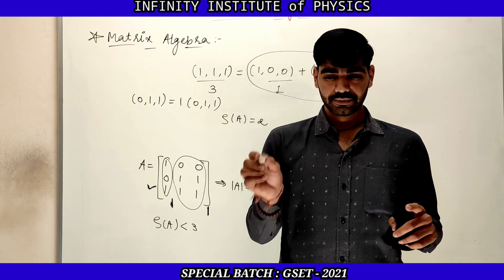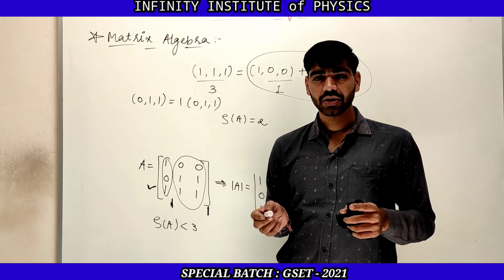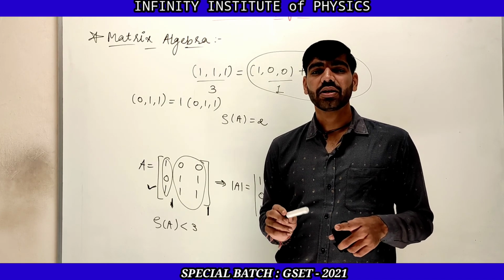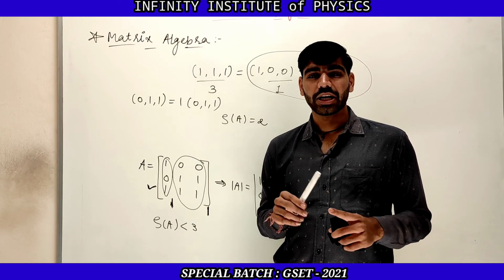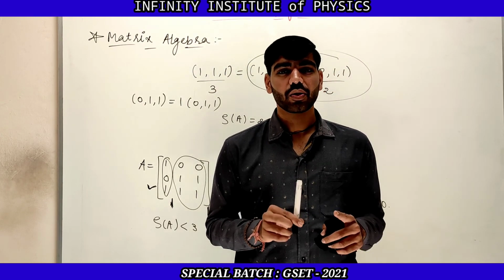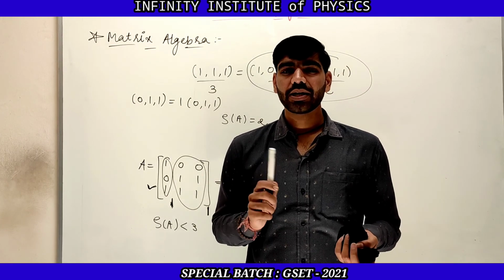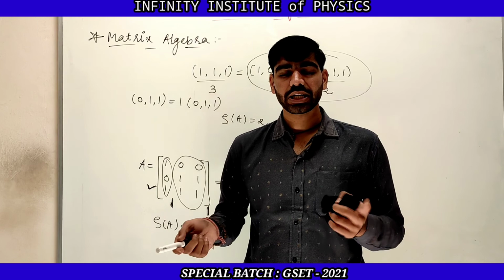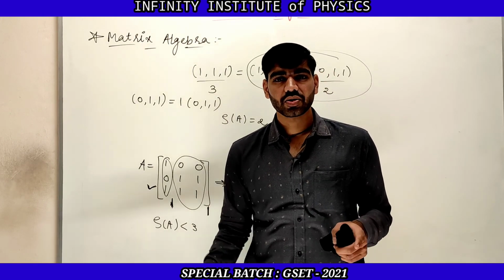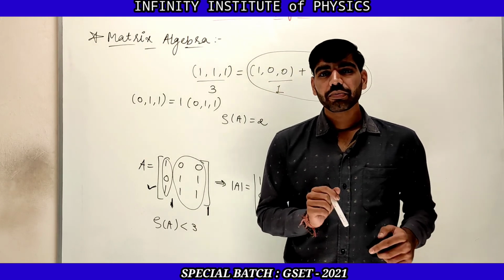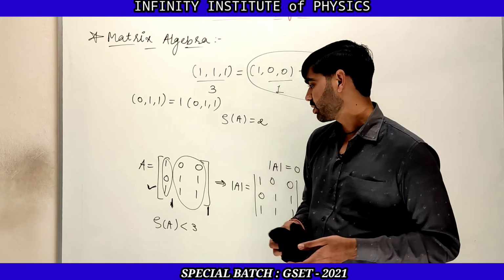Again, if each determinant of order n minus 1 gives the value 0, then you need to consider determinants of order n minus 2, and if one of them gives a non-zero value, then the rank will be n minus 2. If all the determinants of order n minus 2 give value 0, then you need to check for n minus 3, and so on up to 1. Clear?